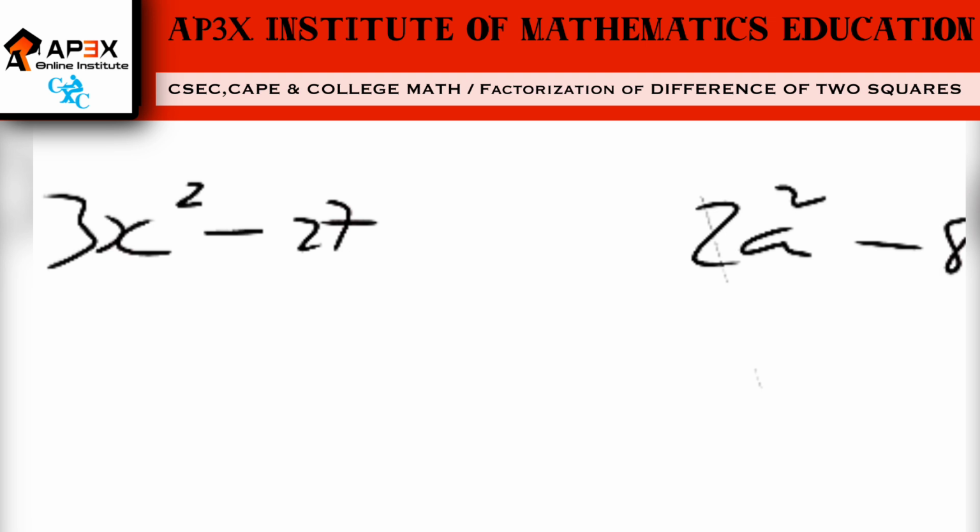So clearly 3 and 27 have a highest common factor of 3. So, simple question. We'll take out the 3, write back the x squared, minus 27 divided by 3, which is 9. We're done.